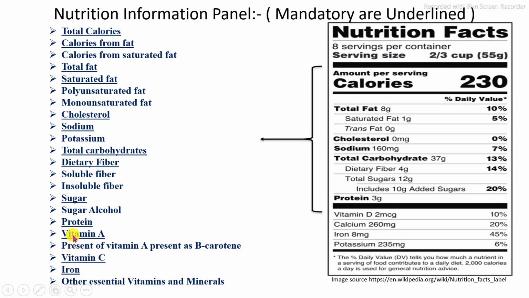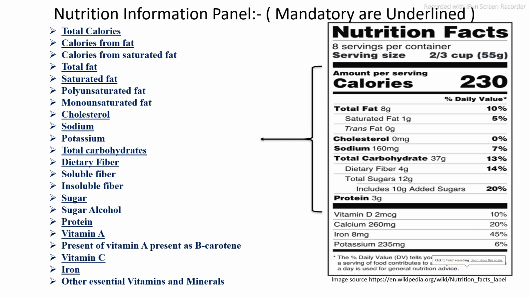The main components which must be declared are total calories, calories from fat, total fat, saturated fat, cholesterol, sodium, total carbohydrate, dietary fiber, sugar, protein, vitamin A, vitamin C, and iron. These are the minimum mandatory requirements on the nutritional information panel.